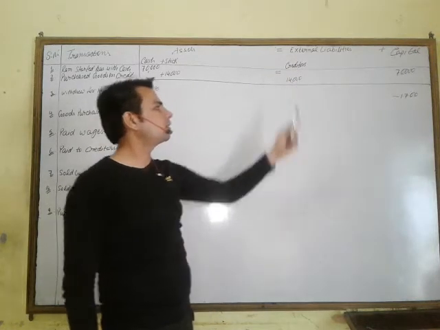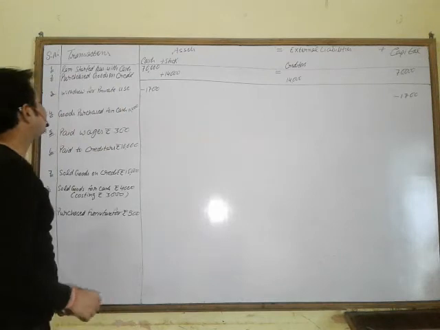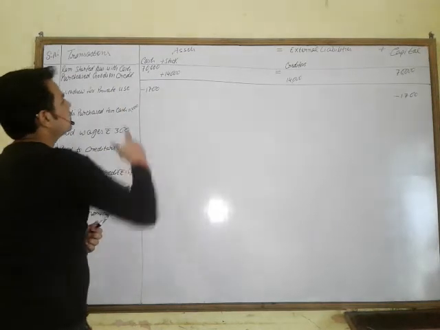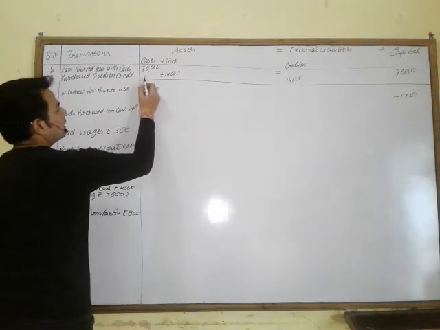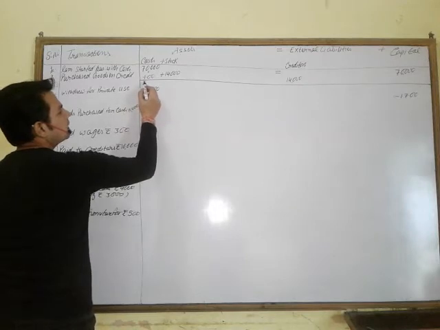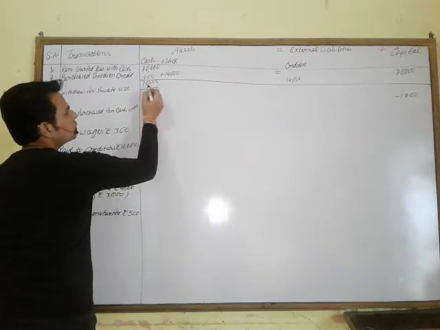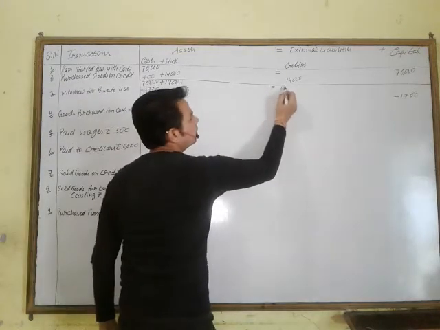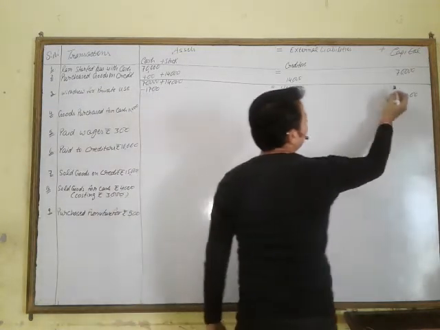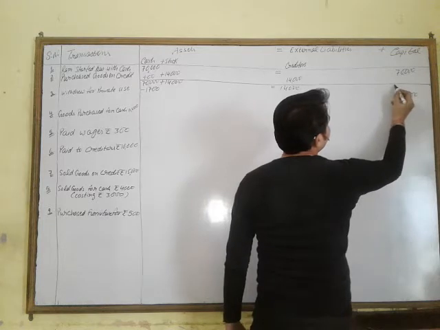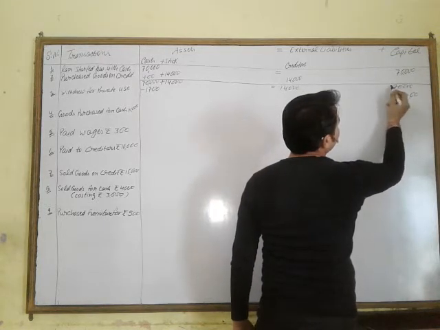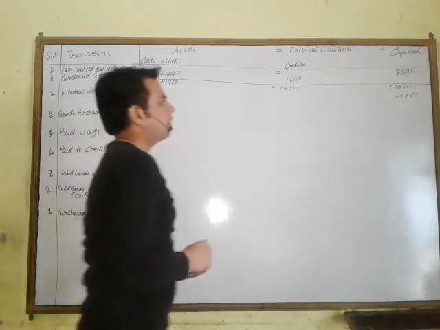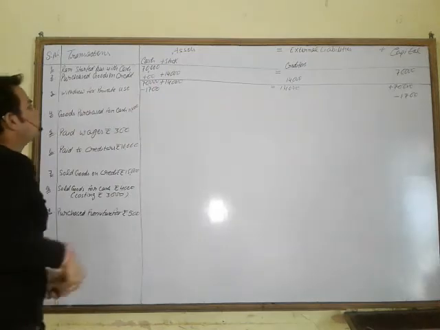Creditors will increase here by 14,000. In this way, you can see that here in the cash you have nothing. This is 70,000 cash plus 14,000 stock, and it is equal to 14,000 creditors and 70,000 capital. It is called the new equation.